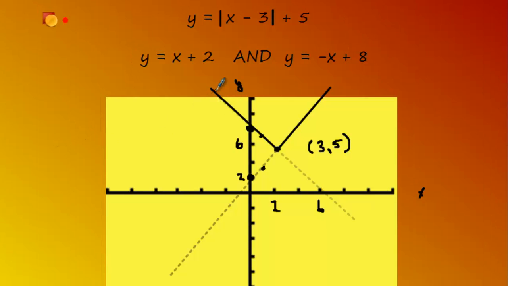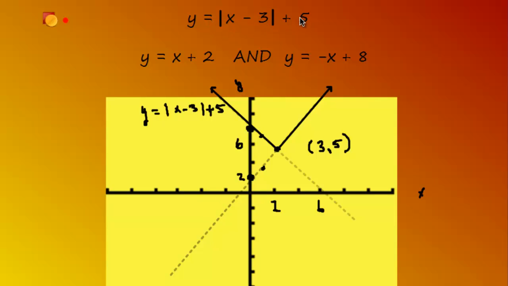So this would be the absolute value graph using the two linear equations. You'll notice I don't use this bottom part because the absolute value opens up. And then we would put our equation on here.